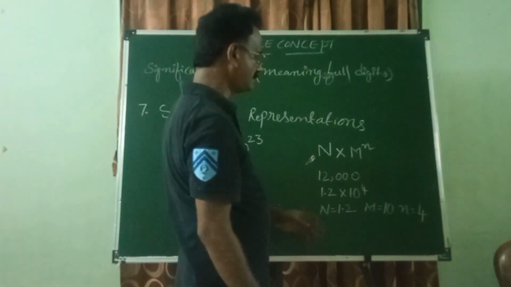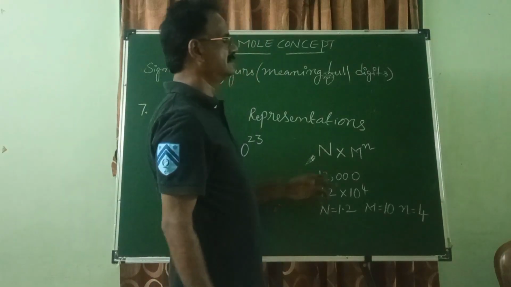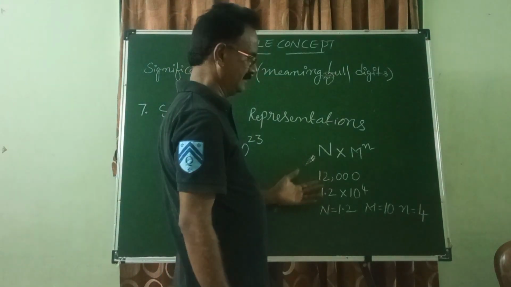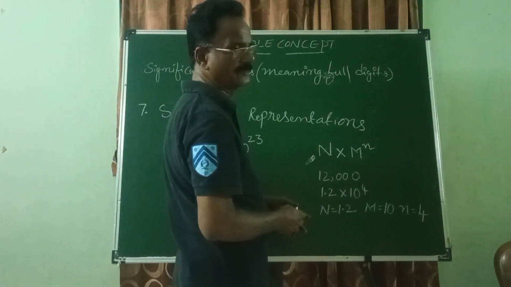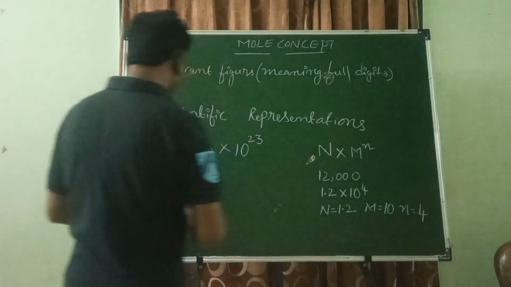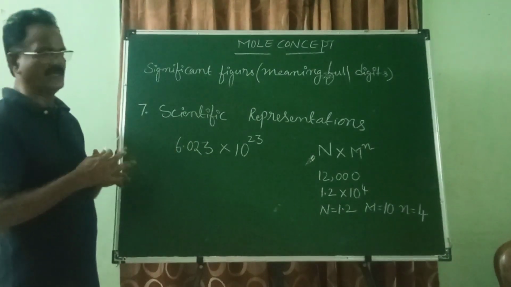In such a way we can represent bigger numbers simply. If there is another 0, this will become 10 to the power of 5, like this. This is the representation of Avogadro number when we follow such a manner.